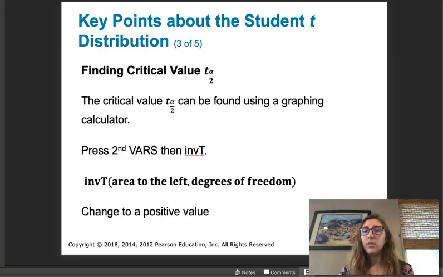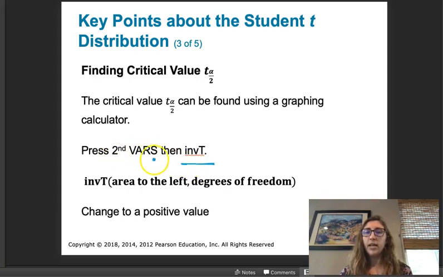All right, so in the calculator, to find z critical values, what did we do? We used inv-norm. So to find our critical t values, we are going to be using inv-t. Inv-t is right below our inv-norm.